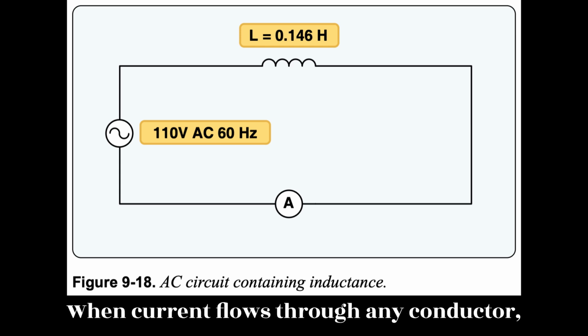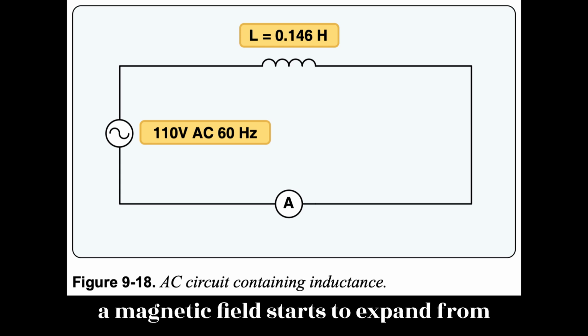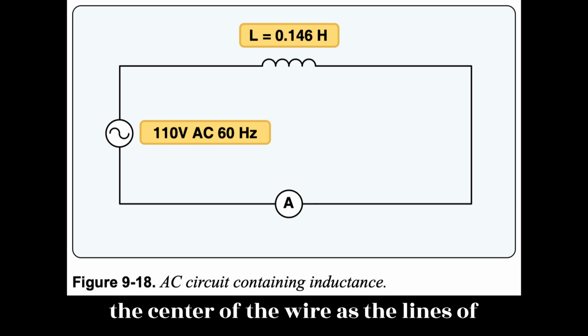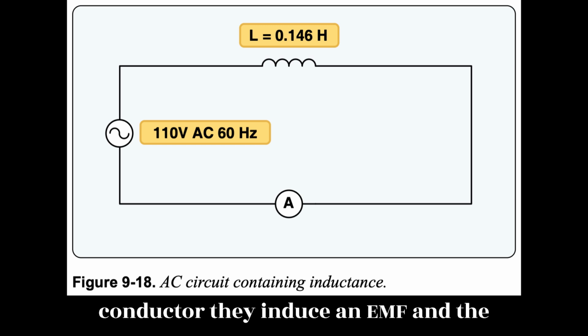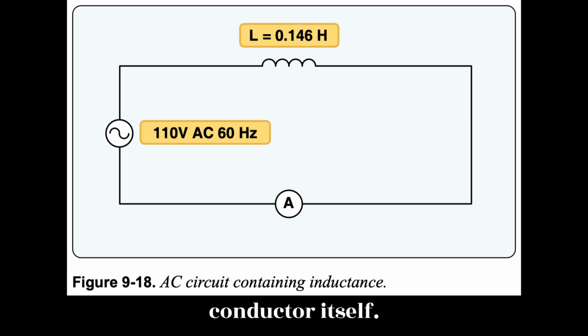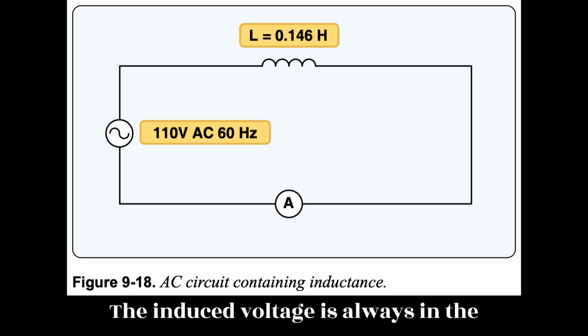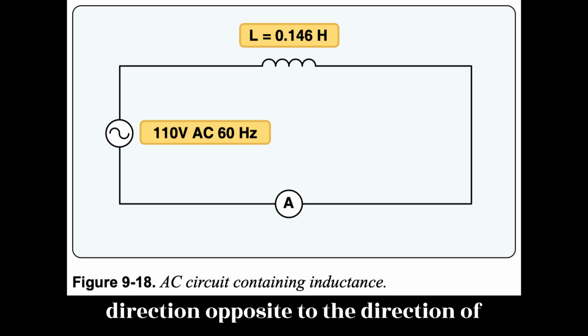When current flows through any conductor, a magnetic field starts to expand from the center of the wire. As the lines of magnetic force grow outward through the conductor, they induce an EMF in the conductor itself. The induced voltage is always in the direction opposite to the direction of the applied current flow.